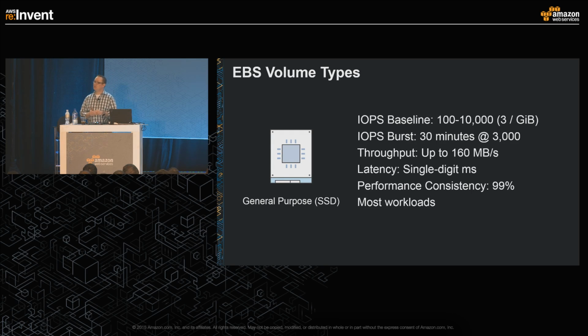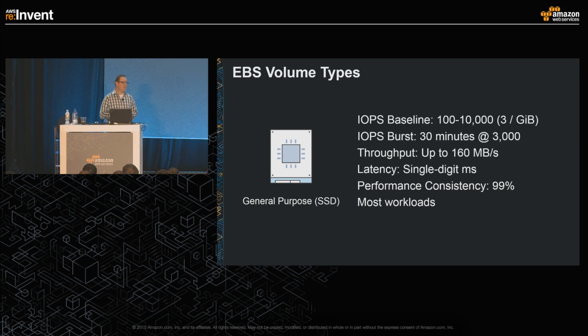So this means you don't need to over-provision your storage capacity to get the performance you're looking for, because it's rare that someone has an application that runs 24/7 flat out. If it does, then there's probably a different volume type you want to configure. And here you get access to a significant amount of IOPS and throughput when the volume is still quite small.